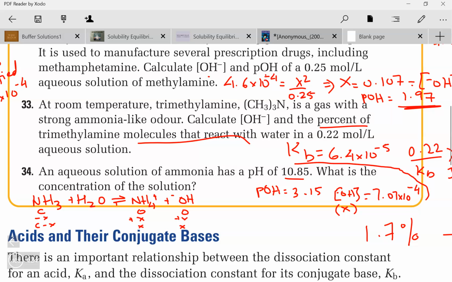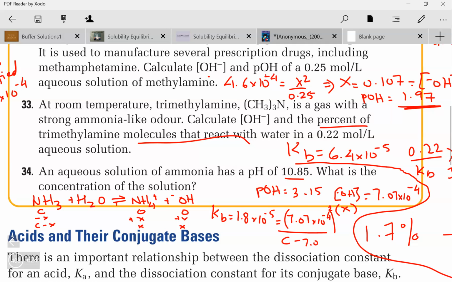Sorry about all the mess here. There we go. So that is our X value, right? So then we have our Kb of ammonia from before. Kb from textbook is 1.8 times 10 to the power of negative 5. And that is equal to X squared, so the X value squared, divided by C minus the X value. So I'm going to do some arranging in my head.